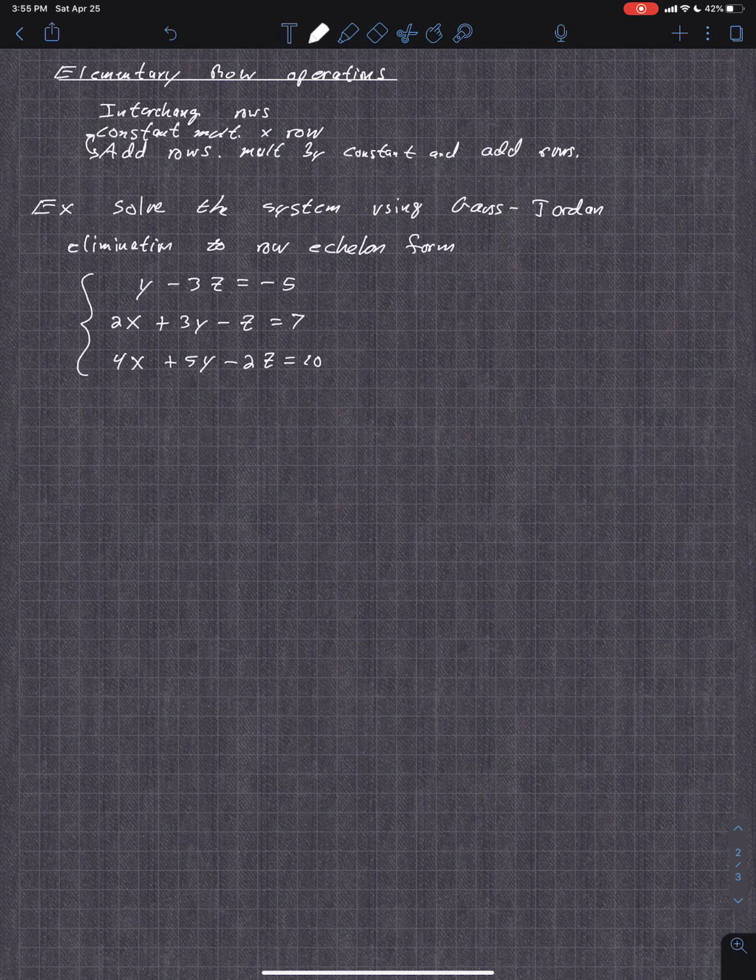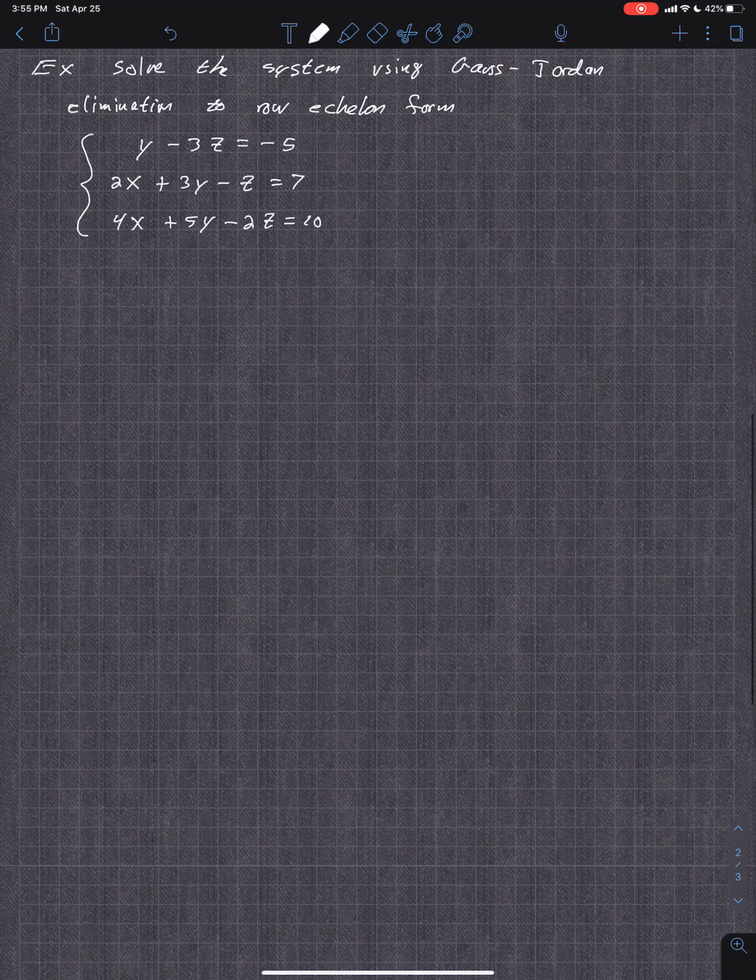So the first thing you do is write that in matrix form, putting in your placeholders. So it would be 0, 1, -3, -5. 2, 3, -1, 7. 4, 5, -2, 10.